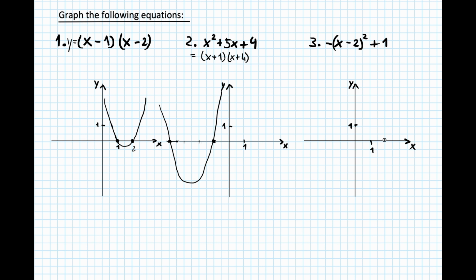So shift of 2 to the right after a shift of 1 upwards. And now just draw it downward. It will look something like this. And that's our final answer for the third exercise.